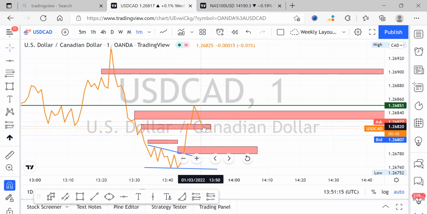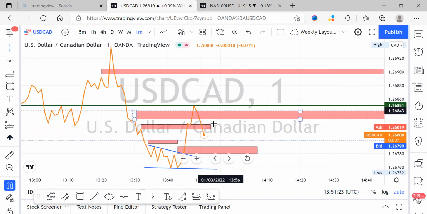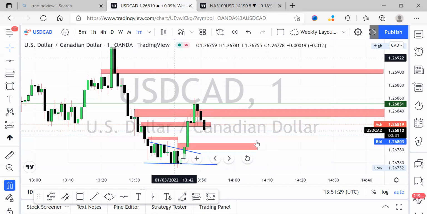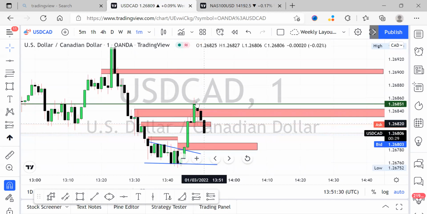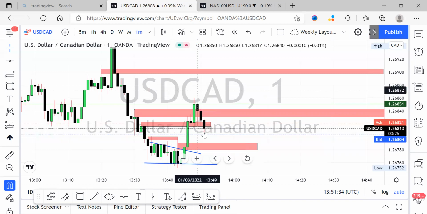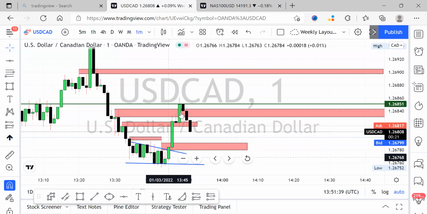Now it's going to be taking a retracement. If it's taking a retracement, it should go back into here, then it should go back down. That would be your ideal opportunity for selling. So if we now go back to candlesticks, we're seeing a continuation. Zone to zone trading.